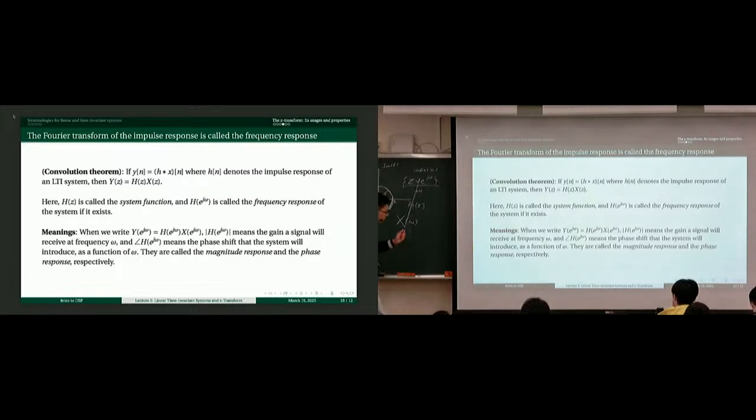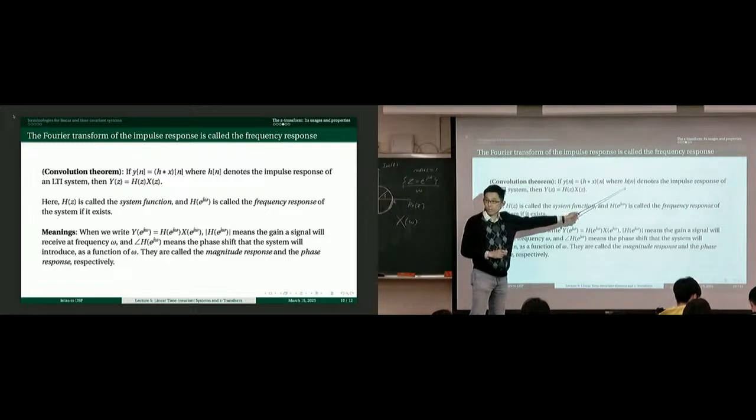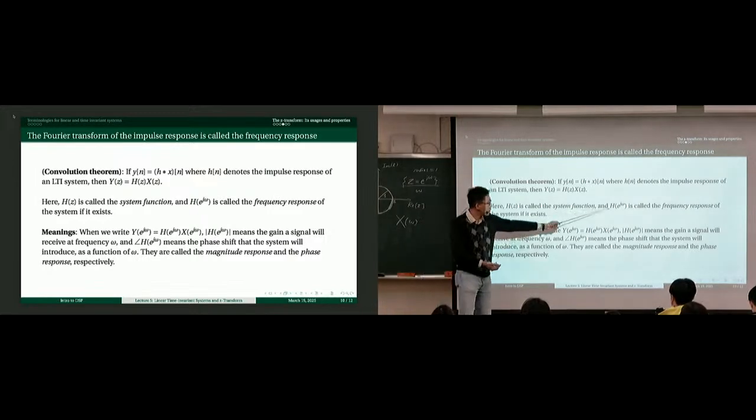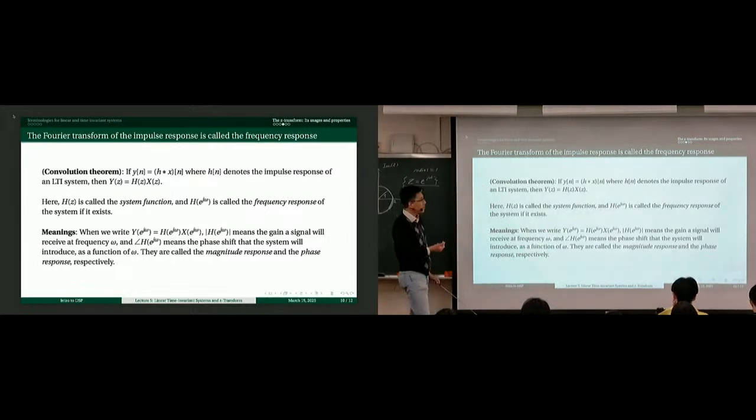Okay, so let's organize our thoughts a bit. We have a system first, and the system is characterized by its impulse response. This is LTI, so all you need to know is the impulse response. Then we just take the Fourier transform, and if it exists, we call it the frequency response. So briefly speaking, what is the frequency response of an LTI system?